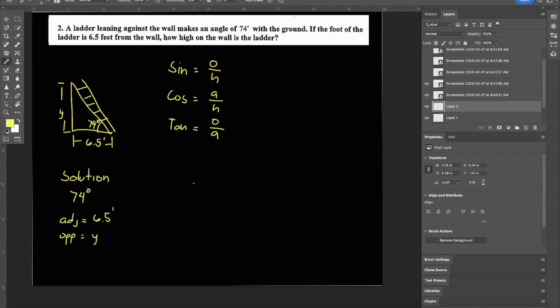So we can therefore proceed with tangent 74 degrees is equal to the opposite side, which is our y, over our adjacent side, which is 6.5 feet. Now, we're looking for our y, so what we need to do is multiply 6.5 feet on both sides.